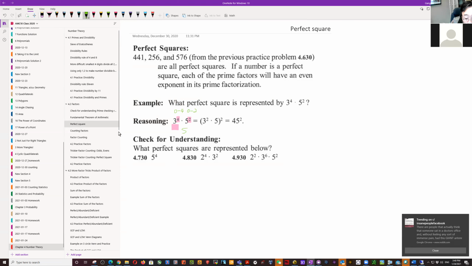So we have 5 ways to choose prime factor 3's index, and 3 ways to choose prime factor 5's index. So how many factors this has is 5 multiplied by 3 equals 15.